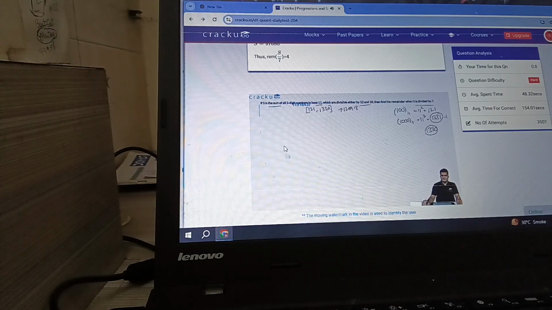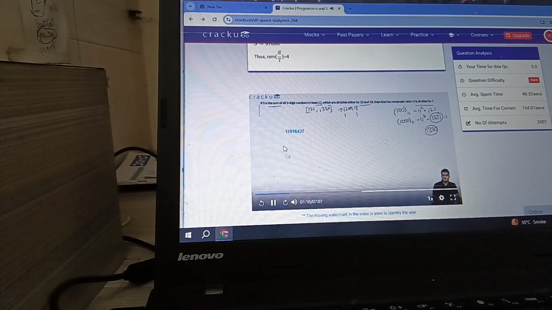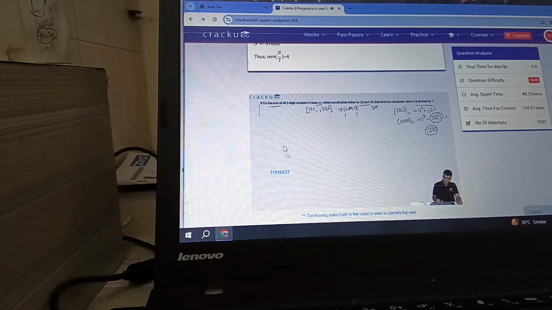So what we will do is first calculate the sum of all the numbers which are divisible by 12. Then we will calculate the sum of all the numbers which are divisible by 18. And then we will subtract the sum of all the numbers which are divisible by both 12 and 18, that is, divisible by the LCM of 12 and 18, which is 36.